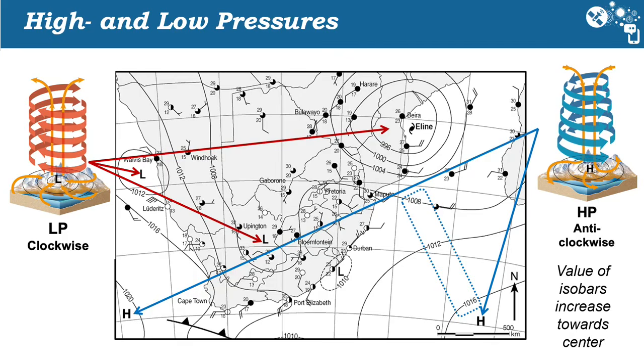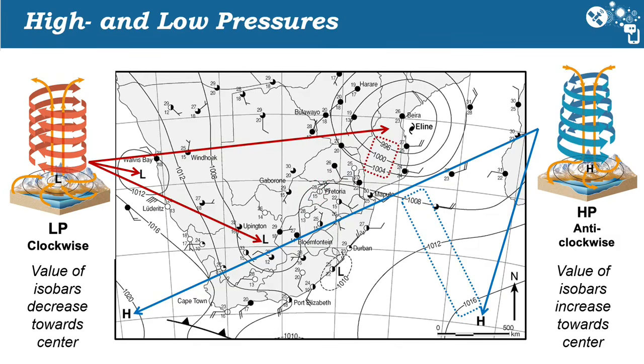And you can clearly see on those two diagrams, the air in blue on the high pressure cell sinking in an anti-clockwise manner, and then the orange arrows on the low pressure cell, we find the air rising in a clockwise direction.